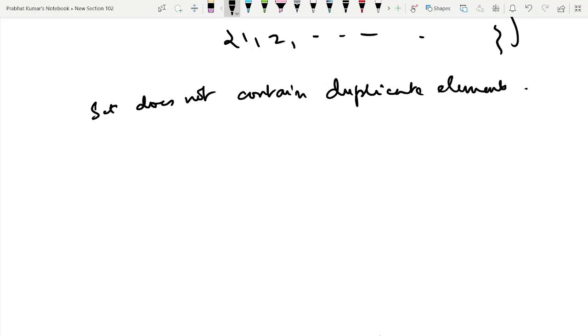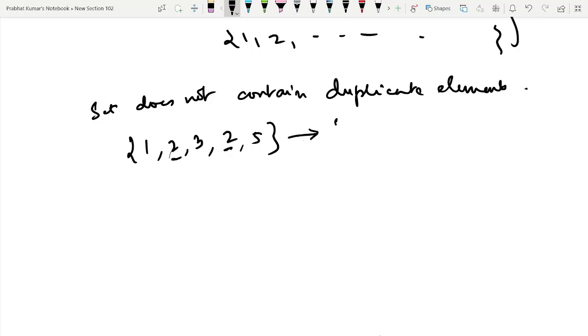So if someone asks you, is 1, 2, 3, 2, 5 a set? No, this is actually not a set. Because 2 is present twice, duplicates are not allowed. What one can say is that this does not obey what we defined as a set, because it is not well defined. 2 is present twice.